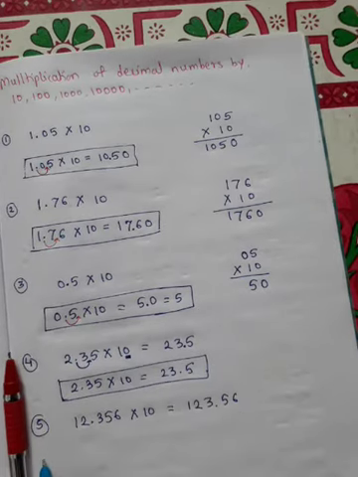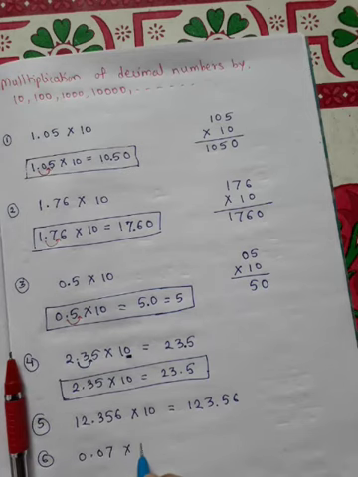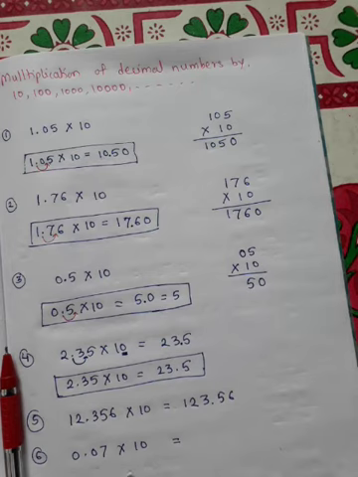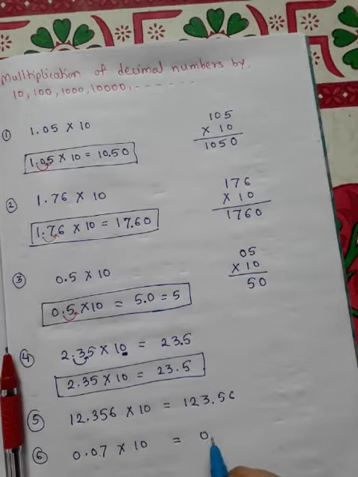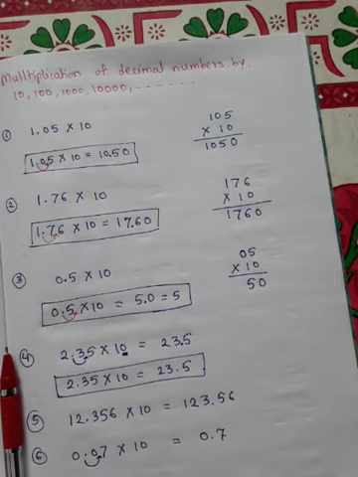Okay, see one more example. 0.07 into 10. So what is 0.07 into 10? When we multiply any number by 10, the decimal is shifted to the right by 1 unit. So we get the obtained product as 0.7. Now let's see what happens when we multiply any number by 100.